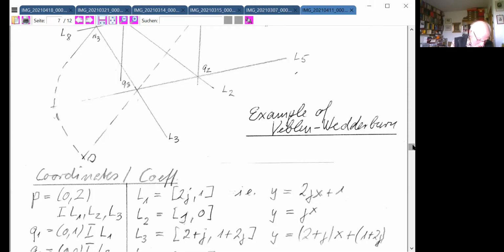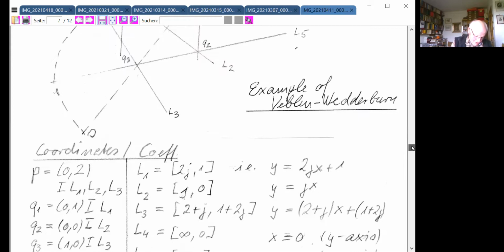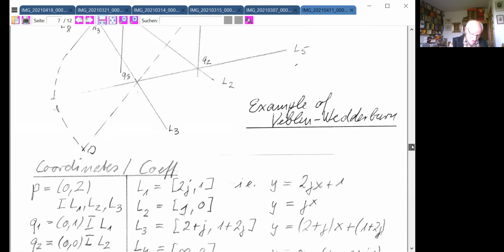That's P. There is a small mistake: P should be J2. 2 is the same as minus 1. And this is incident with 3 lines, L1, L2, and L3. And we form a triangle by choosing points Q1 on L1, Q2 on L2, and Q3 on L3, of course.